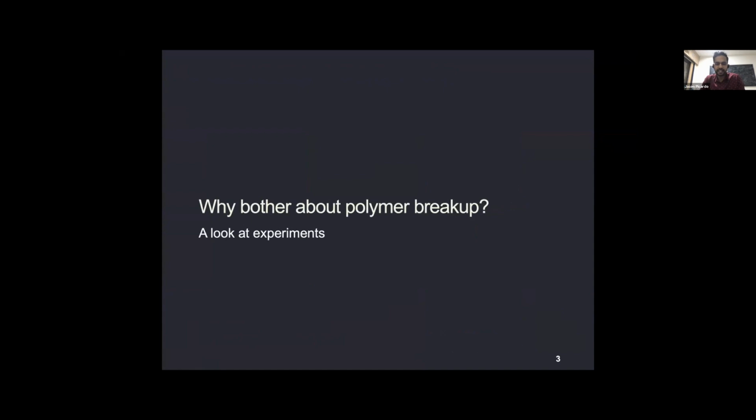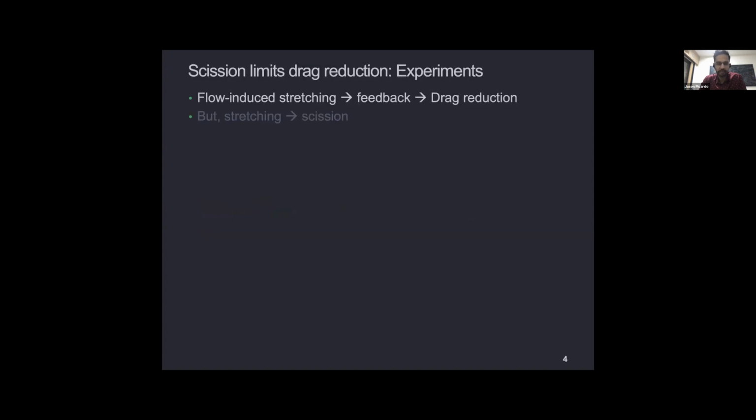Okay, so why are we bothering about the breakup of polymers? Let me begin with a couple of experiments just to highlight why this is a particularly interesting problem. The long-standing interest in the dynamics of polymer solutions stems from the fact that when polymers are in a flow, they experience fluid drag, and that can stretch out the polymer.